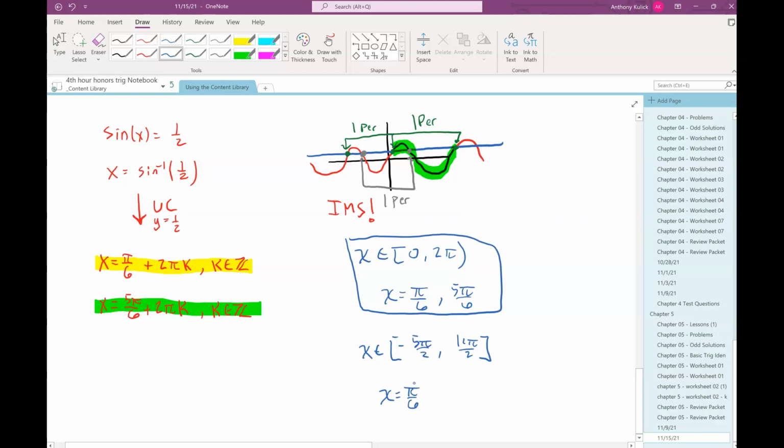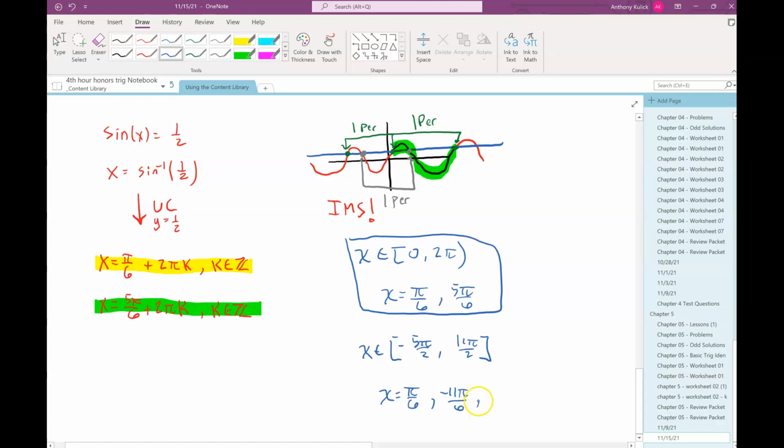If I subtract 2 pi from that, I get negative 11 pi over 6. That's still in the interval from negative 5 pi over 2 to 11 pi over 2, right? 5 pi over 2 is 2.5. 11 pi over 2 is 5.5. It's between negative 2.5 pi and positive 5.5 pi, right? Because that's a little bit less than, or a little bit more, I guess, since we're talking negatives, than 2 pi, or negative 2 pi.